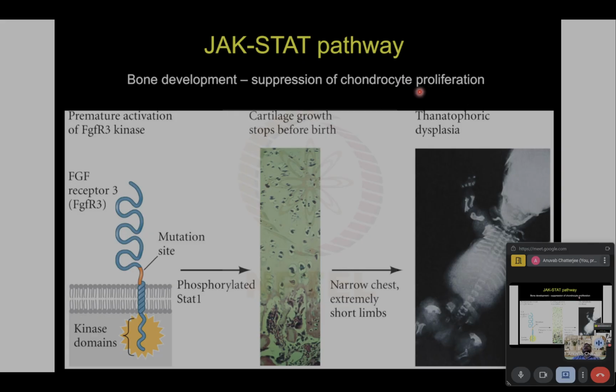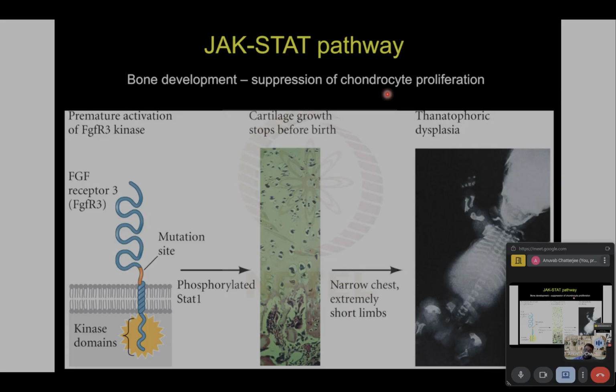When our long bones form, so the limb bones and ribs and everything else, they are first like a ball of cells called chondrocytes. These chondrocytes are present as a ball of cells where the limb is going to form, and they proliferate a lot and essentially make a framework of the entire limb, and slowly they change into bone. So that is how the limb forms.